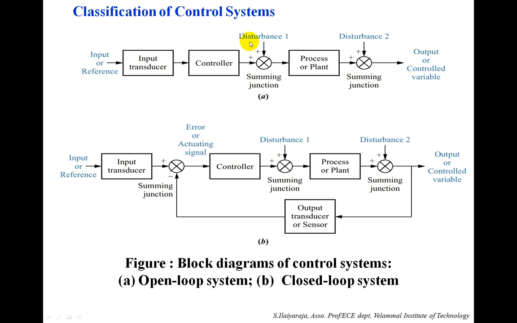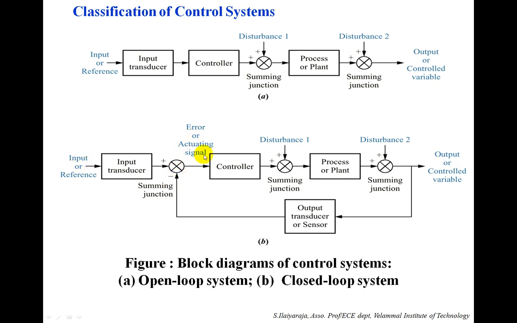Whenever the disturbances enter and the non-linearities due to the elements are not removed, they appear in the output, which is also processed through the plant. But when you come to the closed loop system, whenever an error signal or a disturbance occurs, it will be measured through the feedback, and again it is compared with the input.